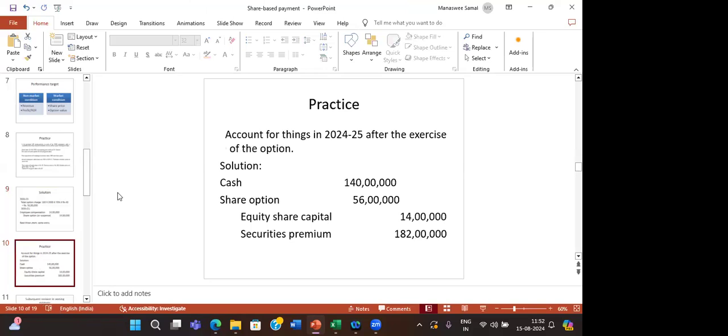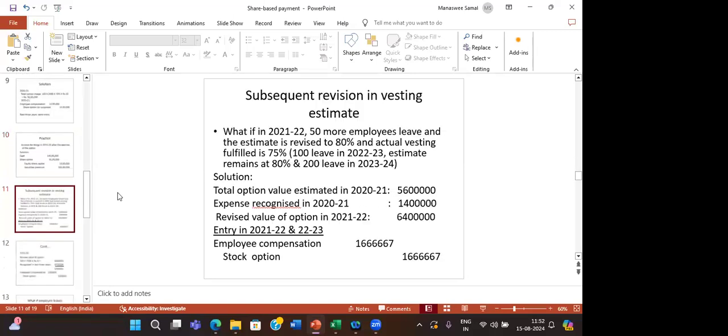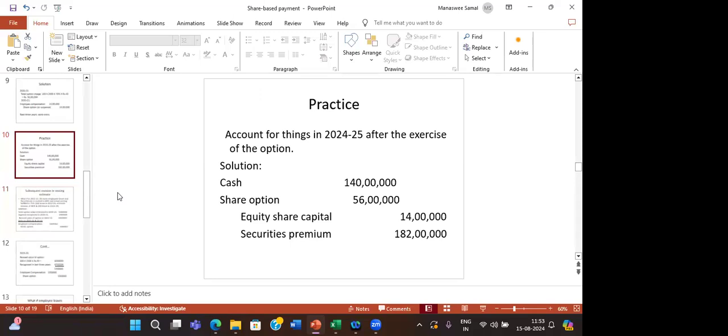But what if the expectation changes? This is the slide you'll find if everything is going as usual. Okay, 600 people have left. Ultimately, 1400 people gave you the cash upon exercise.